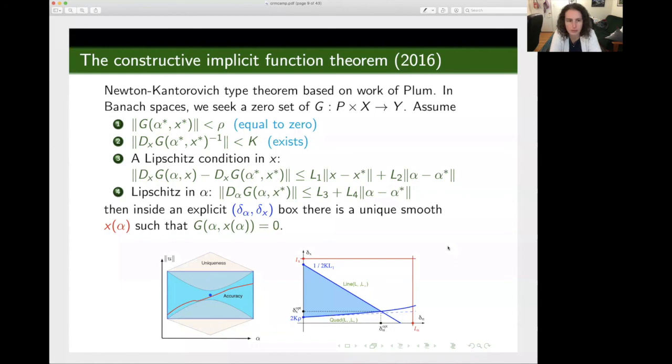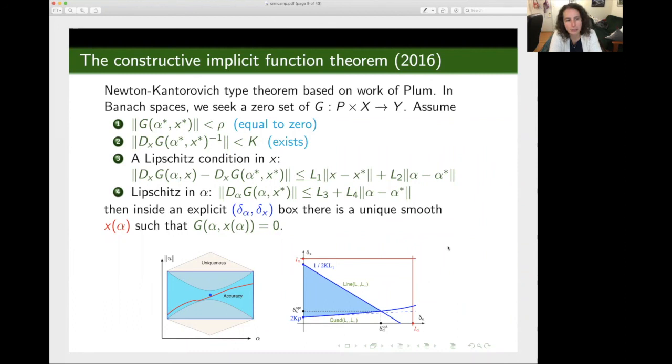And so this is the role of this theorem, to extend that. So assumption one is that we have an approximate zero, and that zero has norm less than rho. The second assumption is that we have a bound on the inverse of the derivative. Usually in the traditional implicit function theorem, you just know that the inverse exists.